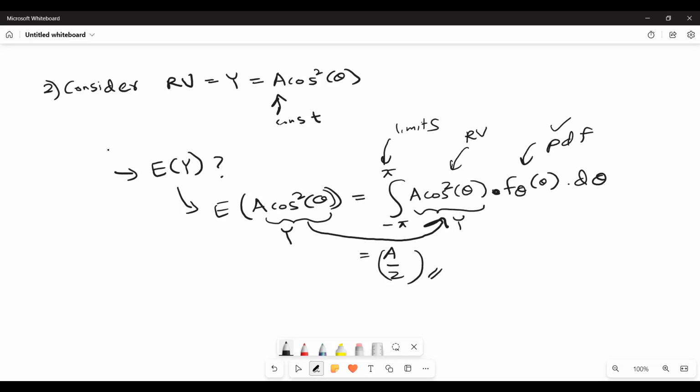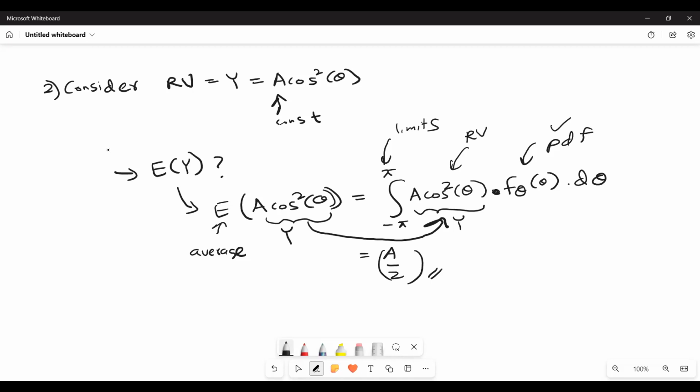Once you know the range, you can do the integration over that range to find the expected value of the random variable. So the expectation value gives me the average value of the random variable.